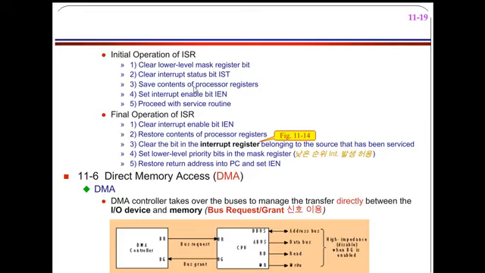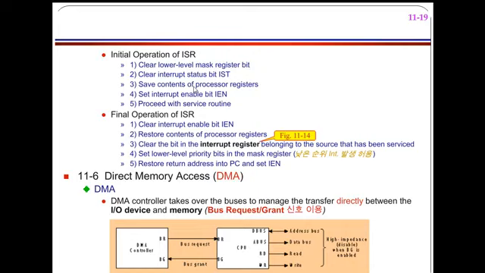What is the first step? As soon as the interrupt occurs, the mask register is cleared and the interrupt status bit is cleared. The main program's processor registers are moved to the stack. Then the interrupt enable bit is set, and it proceeds with the service routine program and provides the service.